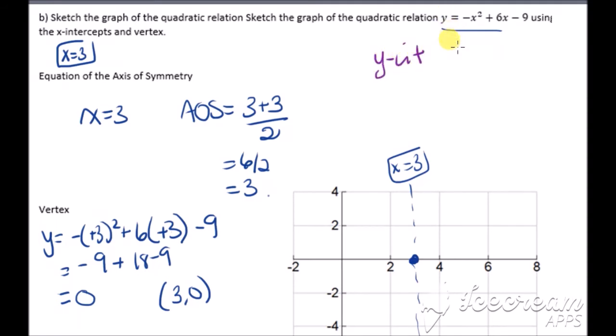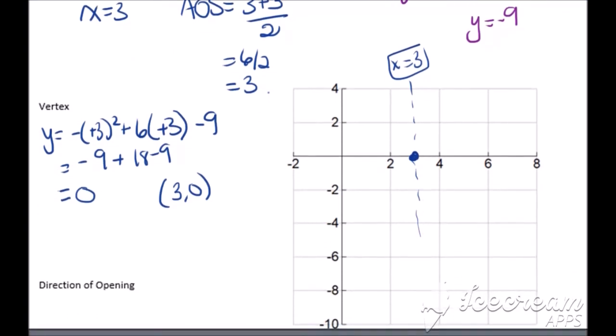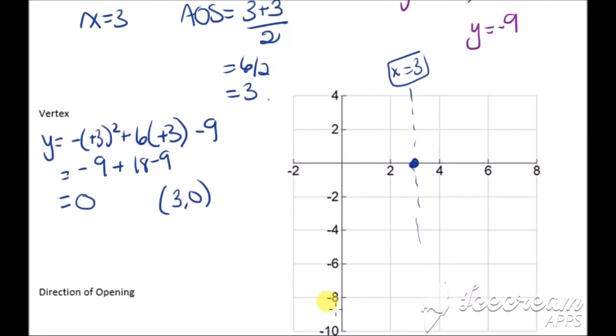As a review, if we sub in 0 squared plus 6 times 0, that goes away, and we get the y-intercept equals negative 9. So now let's take a look at symmetry here. The y-intercept is negative 9. This is 3 units away from the axis of symmetry, so let's go another 3 units: from 3 to 4, 5, 6.